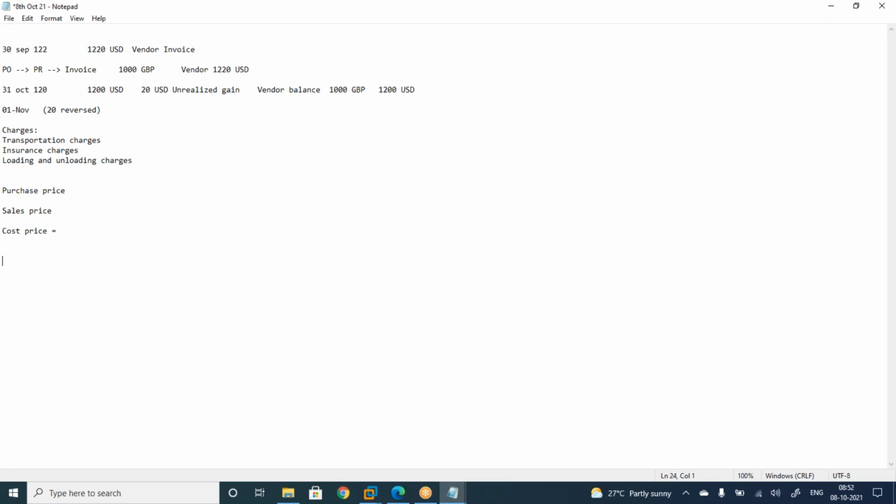Then I visited one shop. Shop one I visited. He told me 22,000 rupees. And now I visited another shop. He told me it is 20,000 rupees.